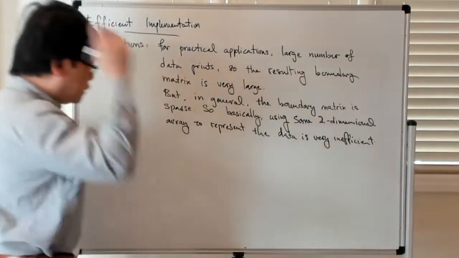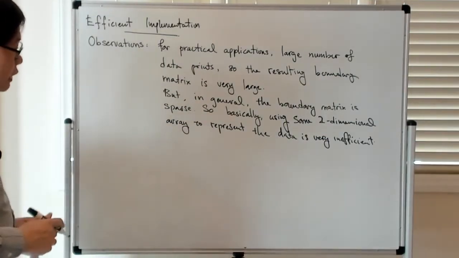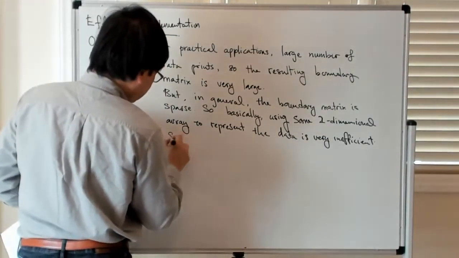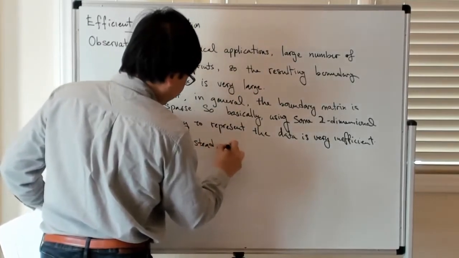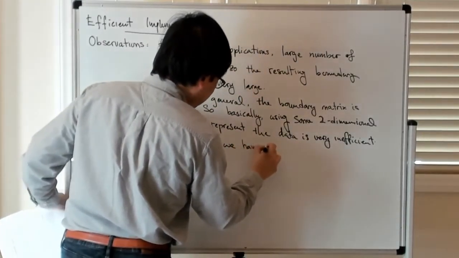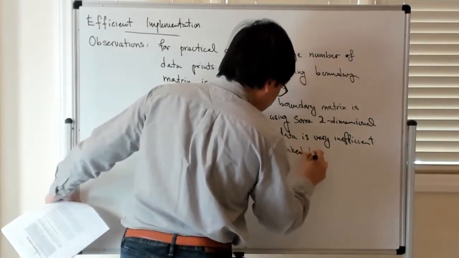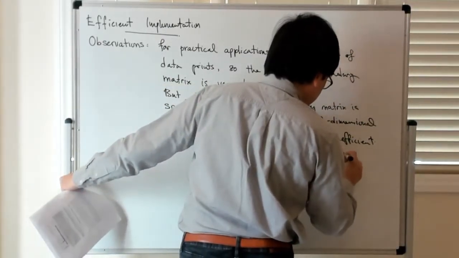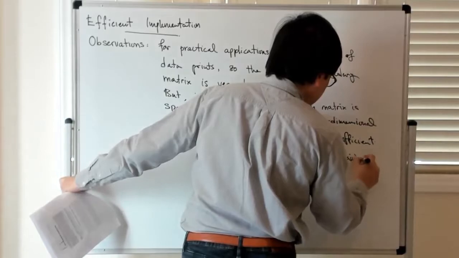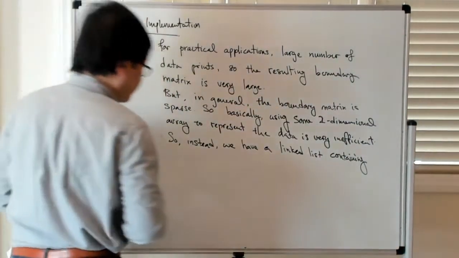So what one often does in that situation is to use instead something like a linked list. Okay, so instead, we have a linked list containing only the non-zero entries of the matrix.